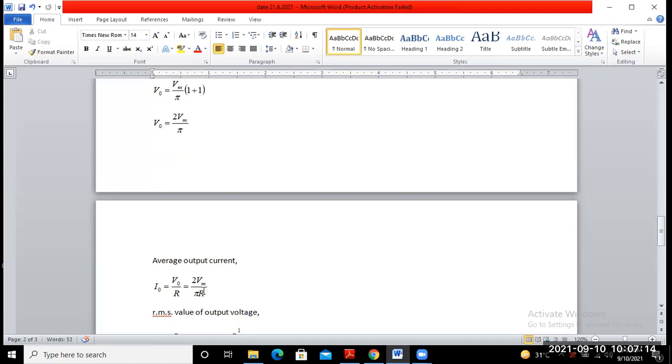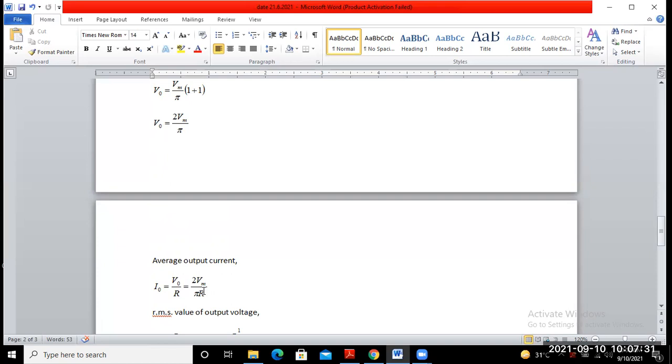You already found the output waveform time period, which is pi, and we put x square t as sine square omega t.